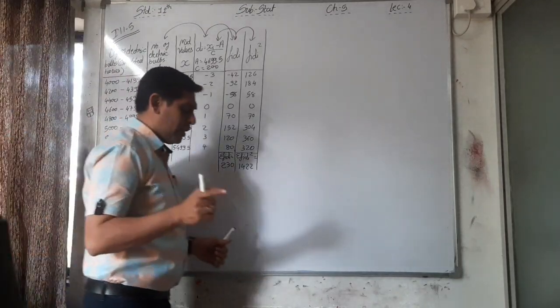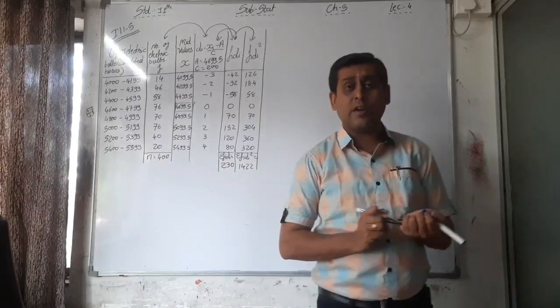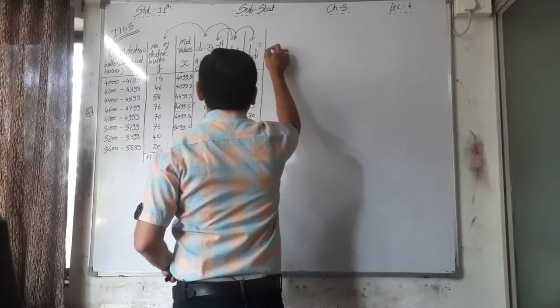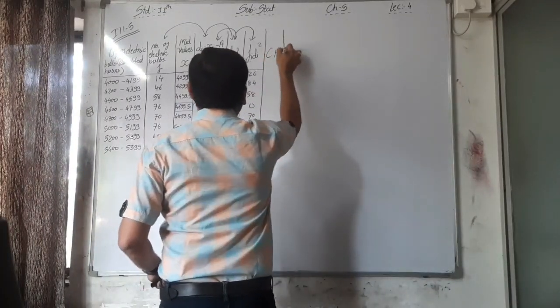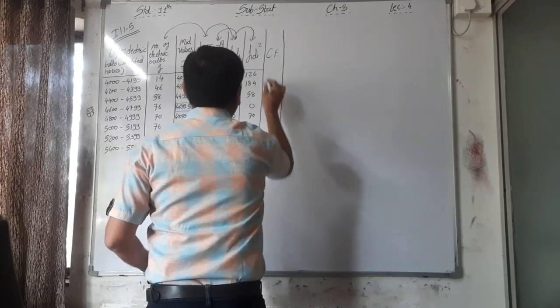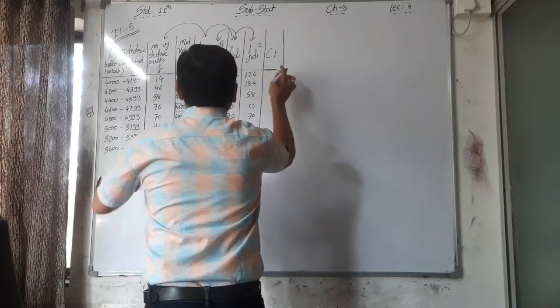See, the mode is ill-defined, that's why we have to find out the median, and that's why we have to prepare one column, that is CF, cumulative frequency. Here CF is equal to what?